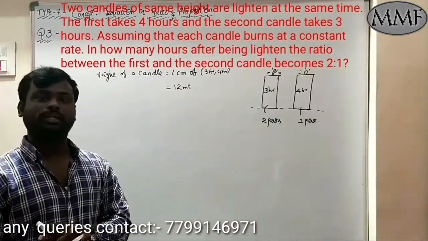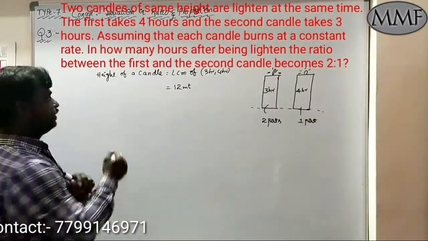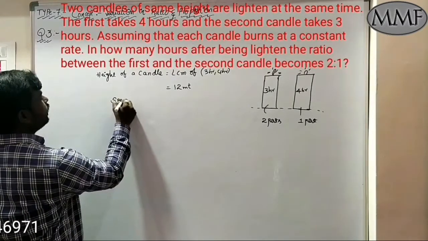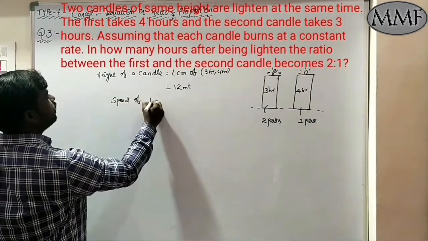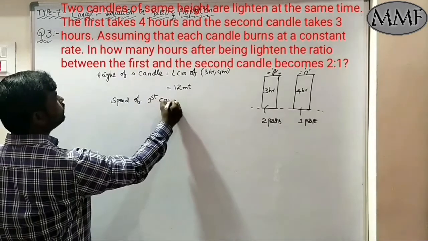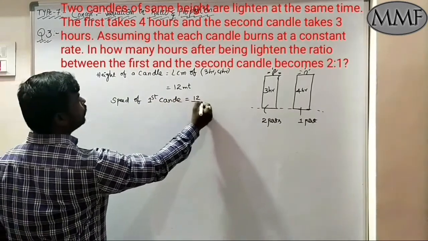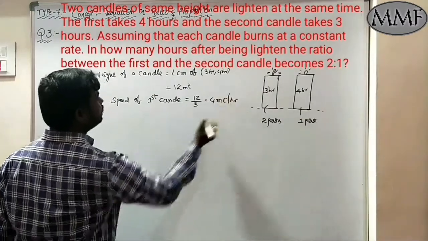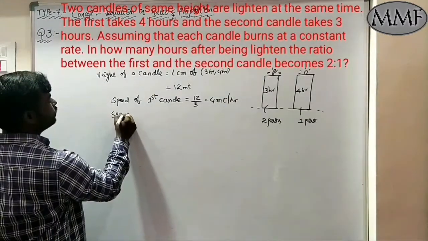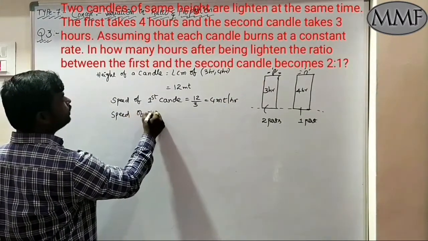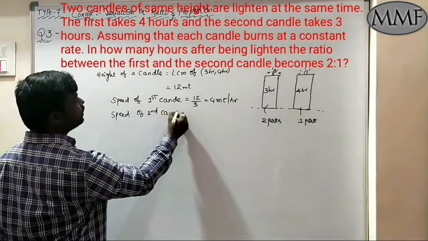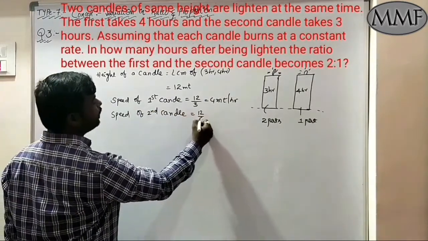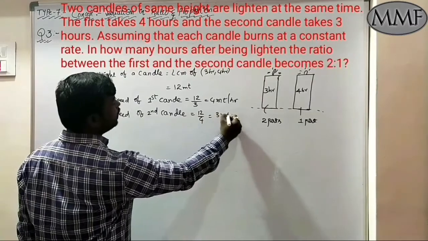Then what should we do next? Speed I need to find. Speed of first candle is 12 divided by 3, 4 meters per hour. Then same thing, speed of second candle, 12 divided by 4, it is 3 meters per hour.